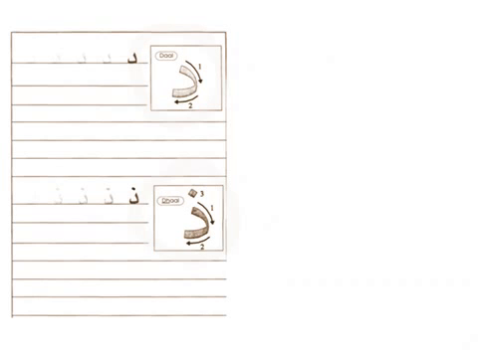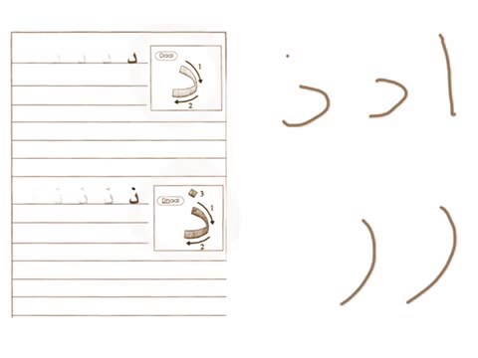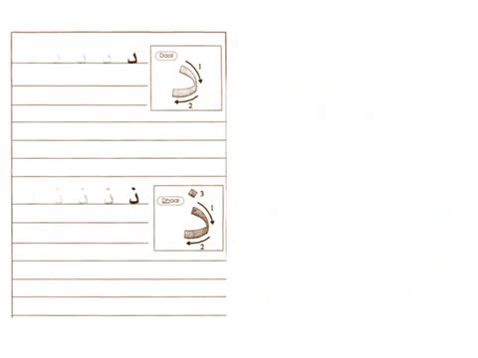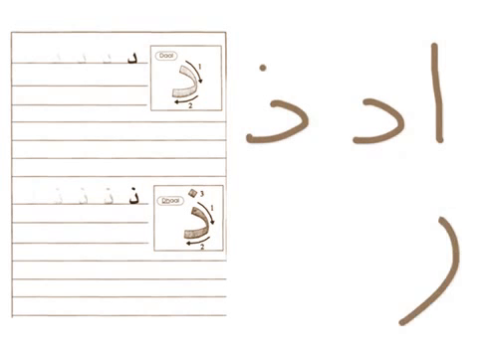Let me give you the rest of the one-way connectors as well. So our one-way connectors are Aleph, Dal, Thal, Ra, Zay, and Waw. Let's go over those again.